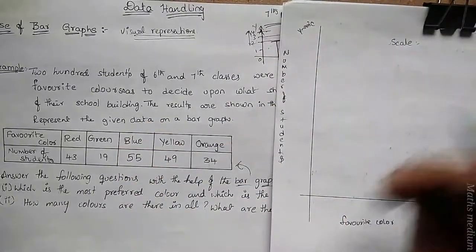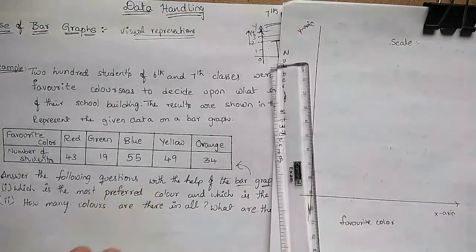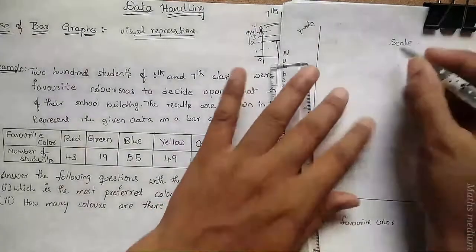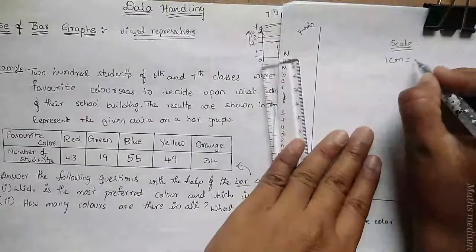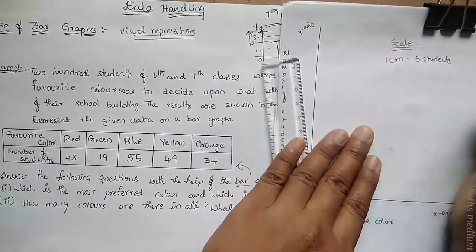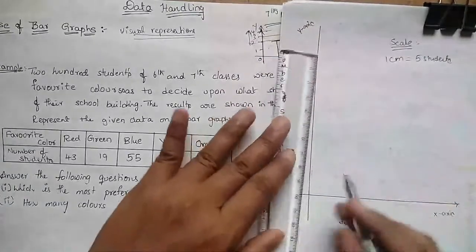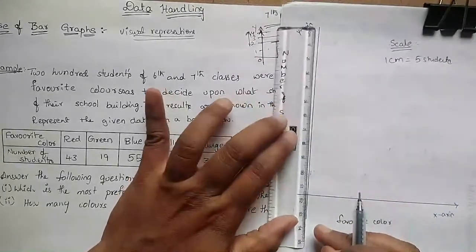So I take the scale. If we take each 5 centimeters as 5, then we get 60 easily. So the scale is nothing but 1 centimeter is equal to 5 students. So that was 1 centimeter, that was 1 unit. Mark it on the y-axis like this.